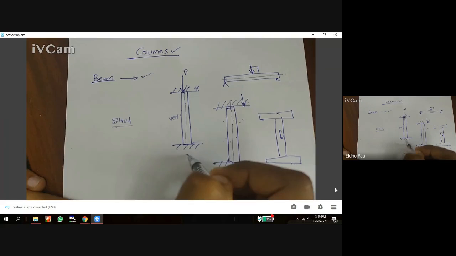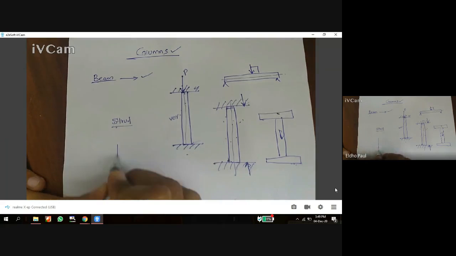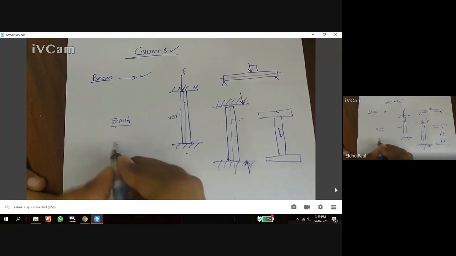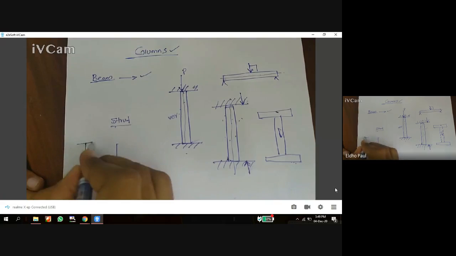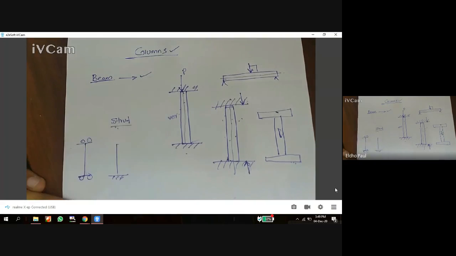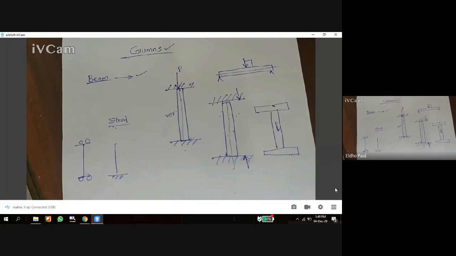In a strut, one end may be fixed and the other free or hinged, or both ends hinged. So different end conditions are possible for a strut, but for a column we have only one condition: both ends fixed.